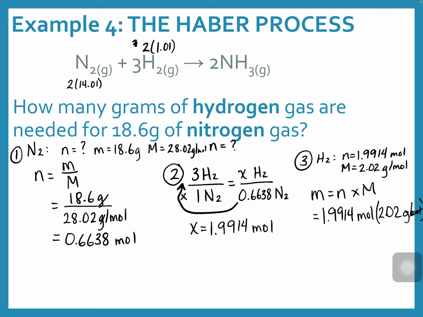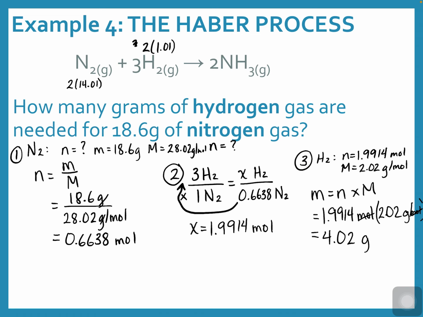So my moles will cancel. And once again, if I keep in the number in my calculator, not rounded to the 4 decimal places but the full number, multiply by 2.02, and I'll end up with 4.02 grams of hydrogen gas needed for 18.6 grams of nitrogen.